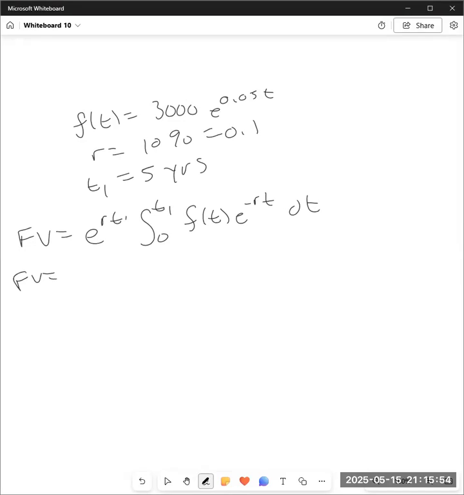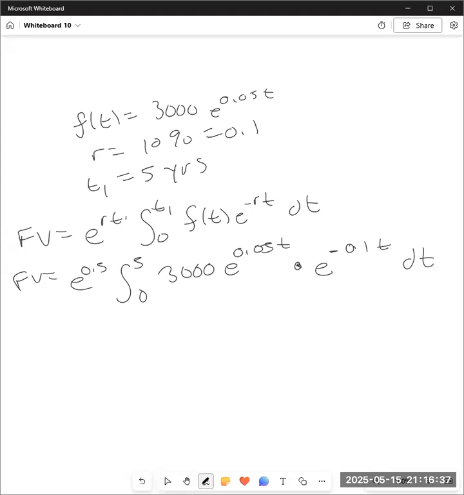So future value is e to the 0.1 times 5, which is 0.5, 0 to 5, 3,000 e to the 0.05 t times e to the negative 0.1 t dt.